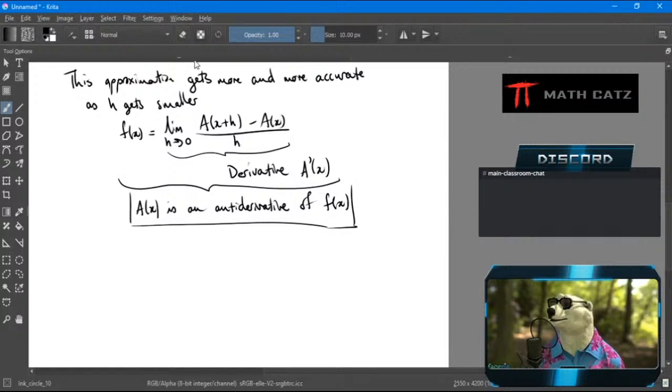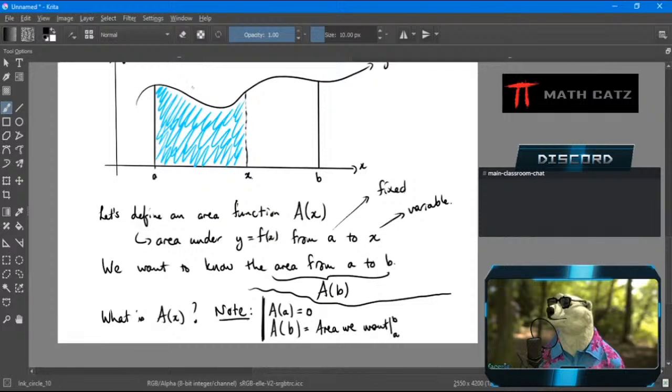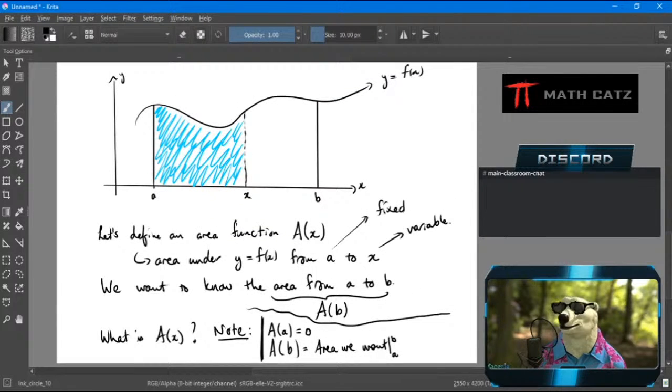So when I go back to this page over here and remember what we were ultimately asking, we wanted to know how the area from A to B, or any area under the graph, is related to the function that the graph comes from.